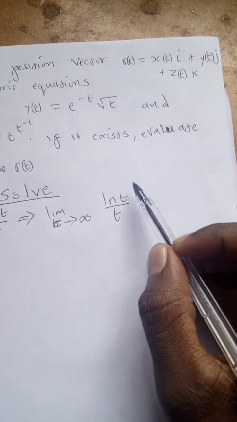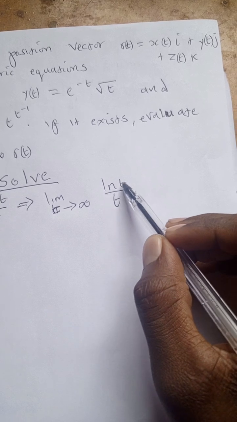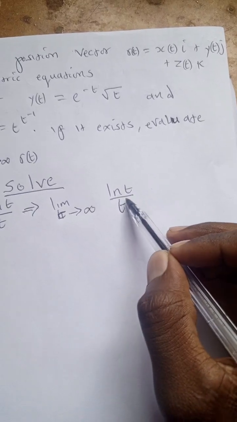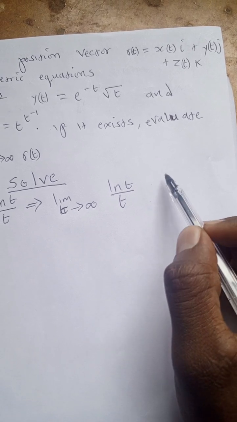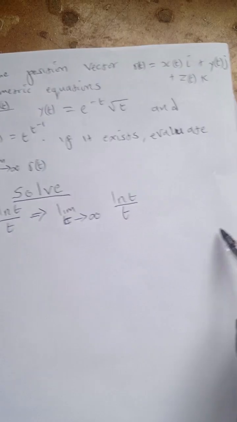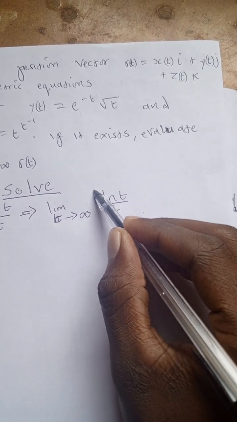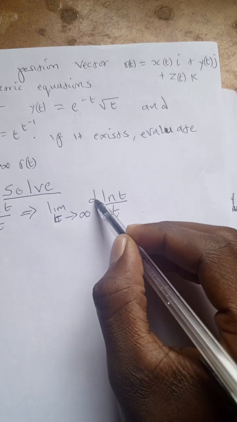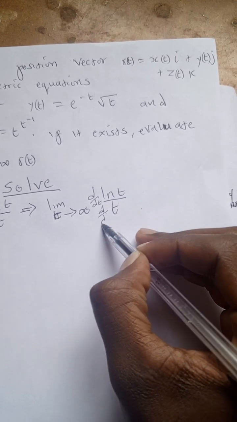If we try to plug in infinity, ln of infinity is infinity, so it will be infinity over infinity, which makes the form indeterminate. So we are going to use L'Hopital's rule. We are going to differentiate the top and the bottom too.